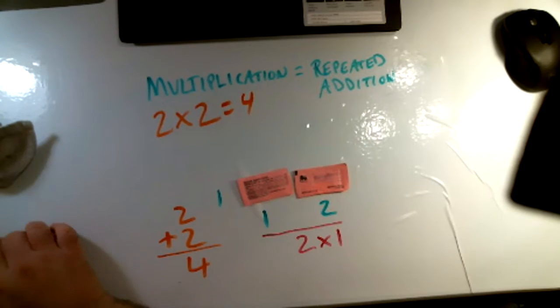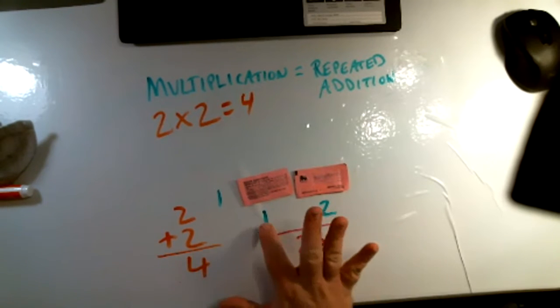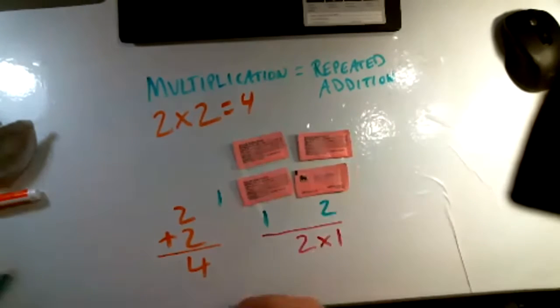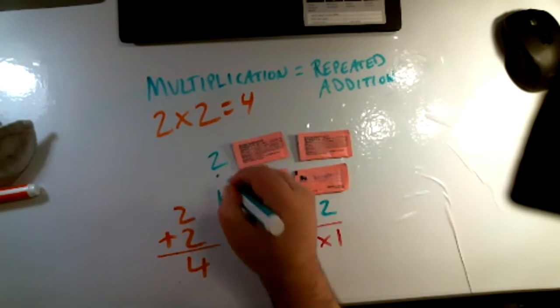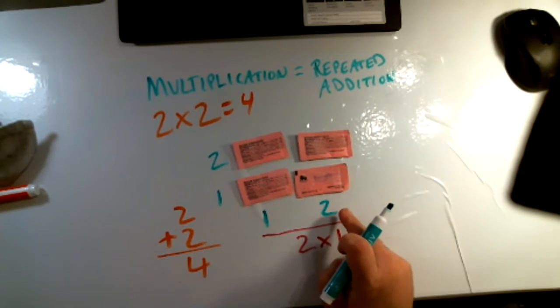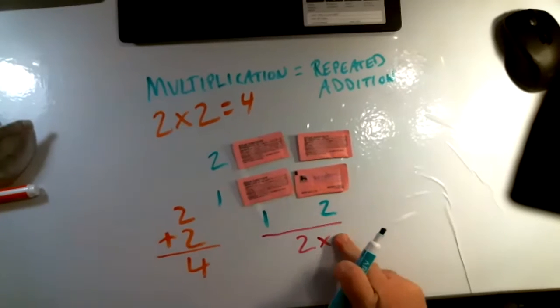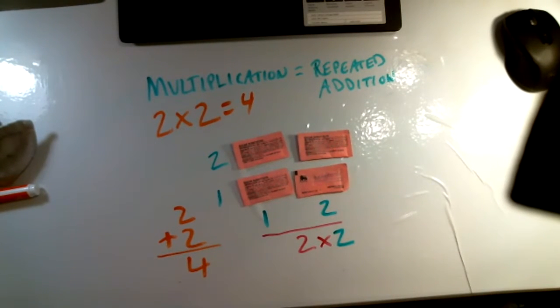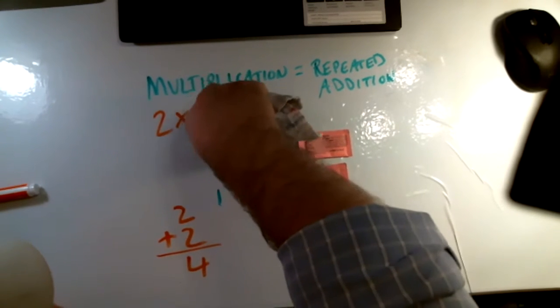And how we model that, okay, so now we have 1, 2, and we want to add another row. And so now we have another 2 up there. And so now we have 2 times 2. Now let's say, though, I want to add another row.